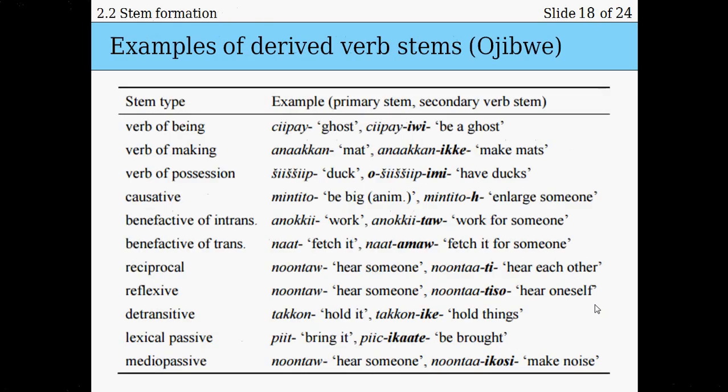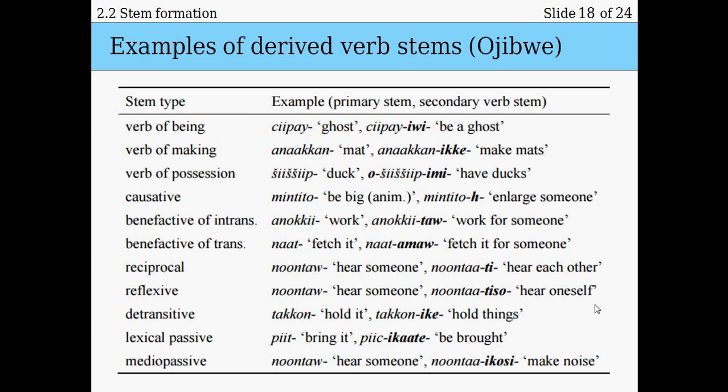Verb stems themselves can be derived, and very often are derived. There's very rich stem forming derivational morphology for doing this. I won't go through all these examples, but just to start off, to form a verb of being, you can take a noun, and these examples are from Ojibwe. You can take a noun like jibai, which means ghost, add a suffix iwe, and you get a verb stem that means to be a ghost, jibaiwe.